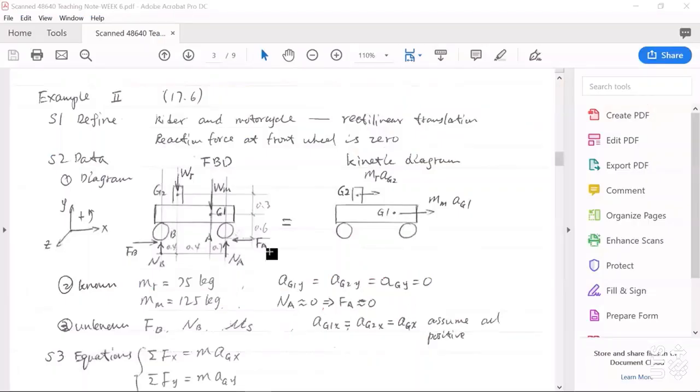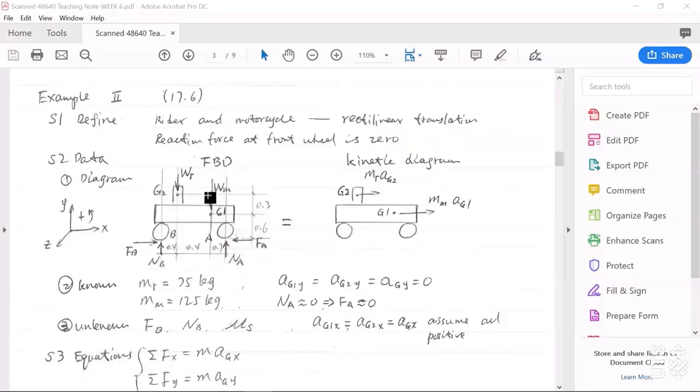We can define this problem, and we know the rider and the motorcycle are undergoing rectilinear translation. Because the front wheel is off the ground, this means the reaction force at the front wheel must be 0.